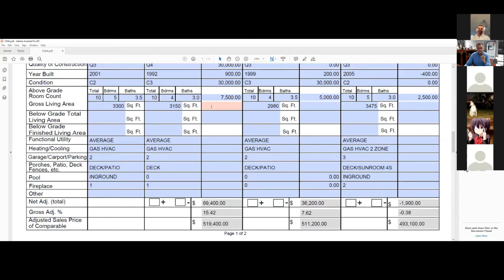I would use $40 per square feet, but some appraisers will use 35. So if you want to be safe, you can use 35. All right, let's use 35. So times $35. Now 5,250. Because this home has 150 square feet more than this home, they are only getting $5,250.